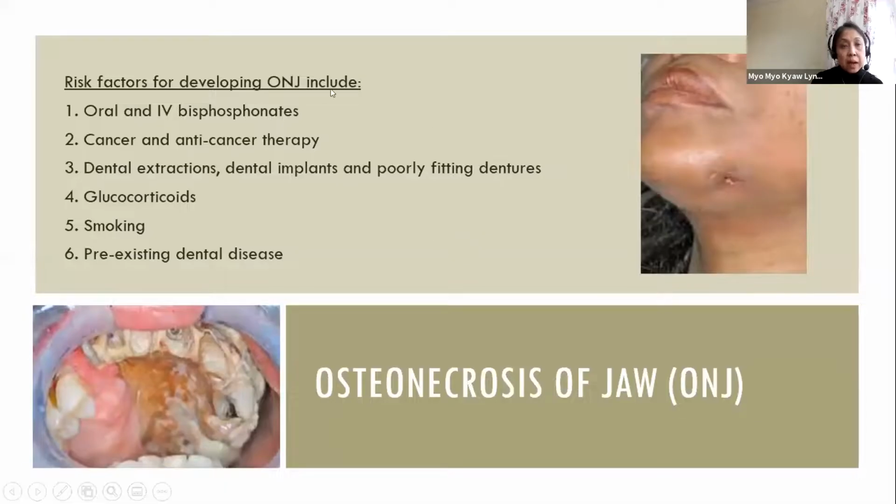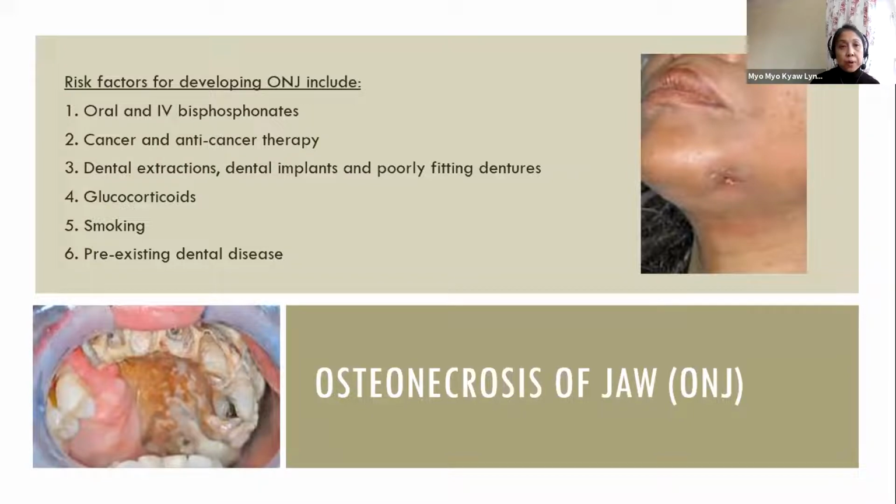Again, the risk factors for osteonecrosis are linked to both oral as well as intravenous bisphosphonates. If the patient is taking anti-cancer treatment, has poor dental hygiene, previous dental extraction, continuous dental procedures, poorly fitting dentures, steroid use, previous smoking history, or any pre-existing dental disease, these can increase the risk of ONJ.